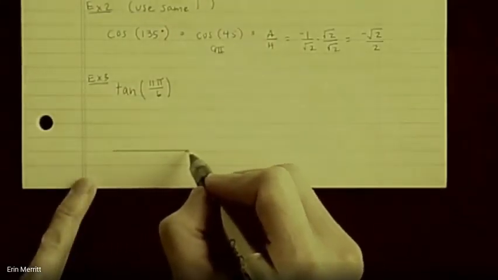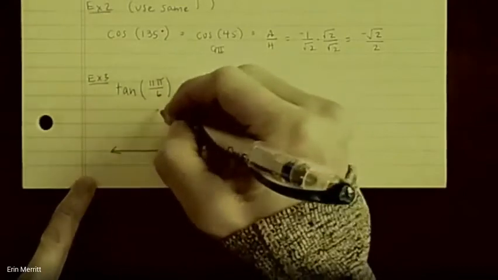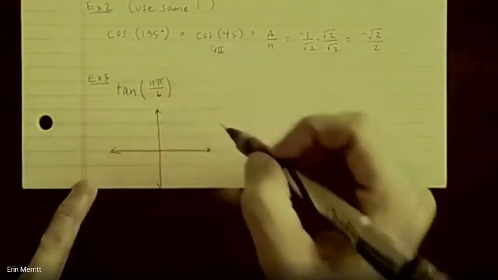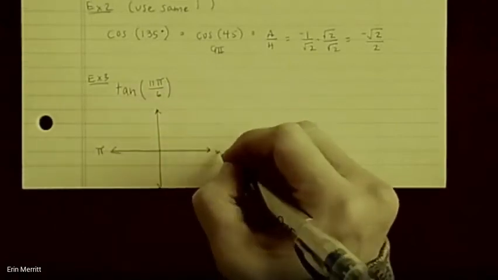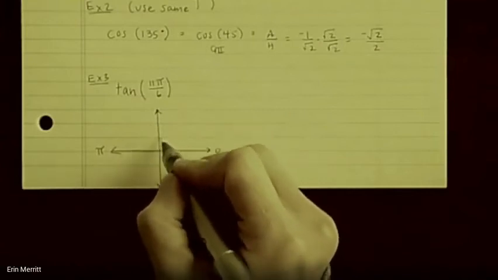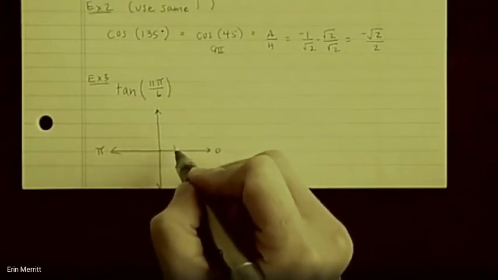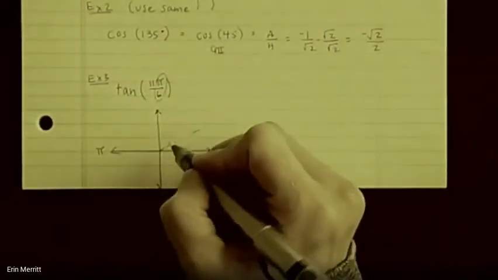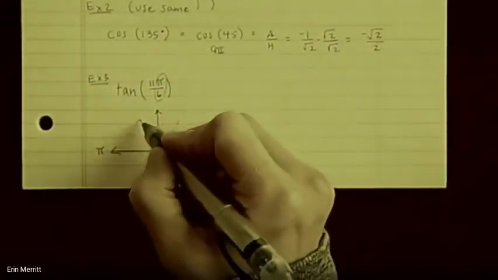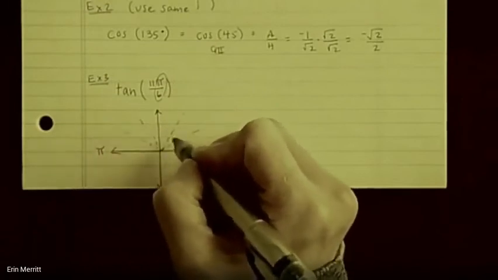So give yourself a set of axes so that you can draw this. Remind yourself, in radian measure, 180 is the same as pi. So this top half, this straight angle, has to be broken up into 6 parts. So when you draw this in, you're breaking it up into 6 pieces. So 1, 2, 3, 4, 5, 6.